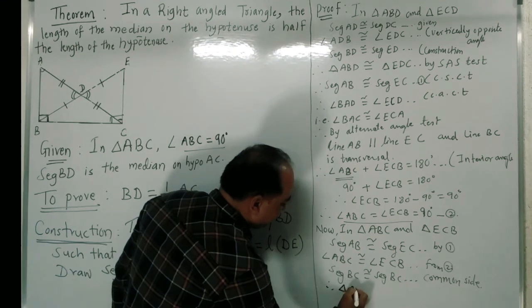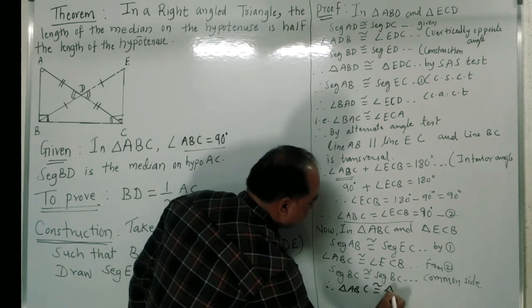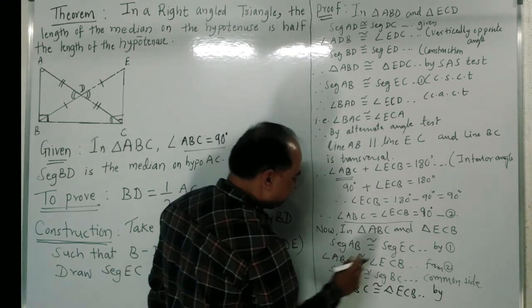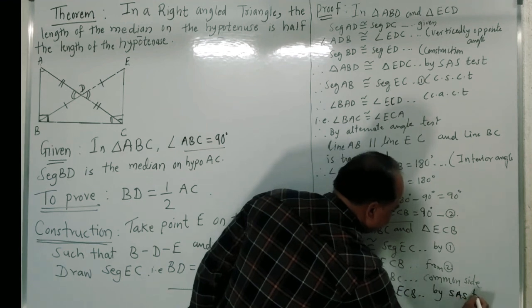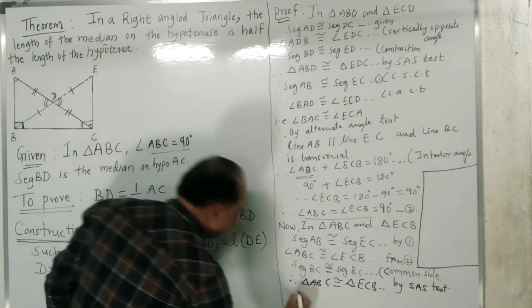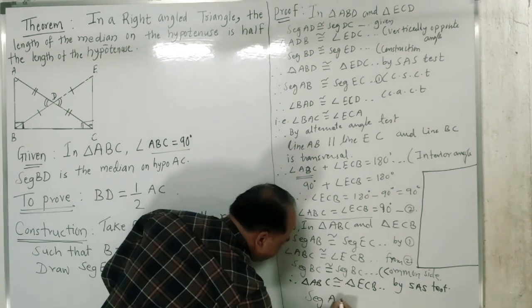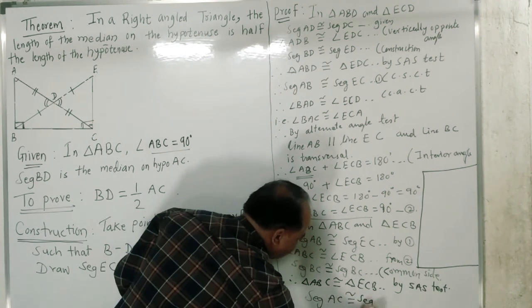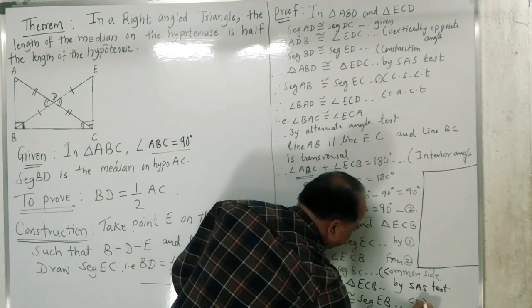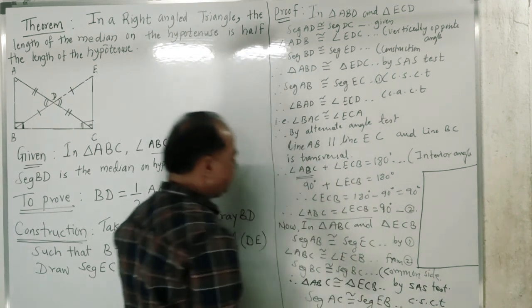Therefore, triangle ABC is congruent to triangle ECB by the SAS test of congruence. Once triangle ABC is congruent to triangle ECB, its corresponding sides are also congruent. Therefore, segment AC is congruent to segment EB, corresponding sides of congruent triangles.